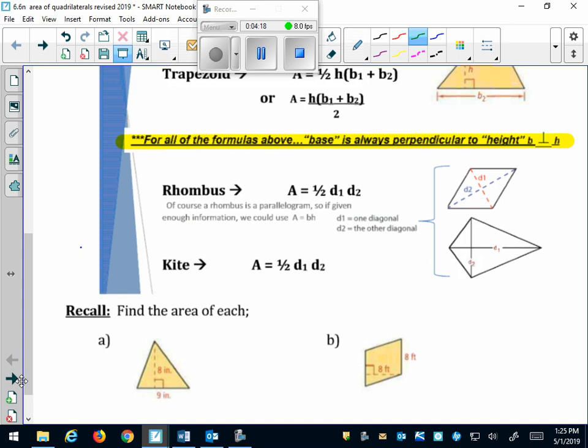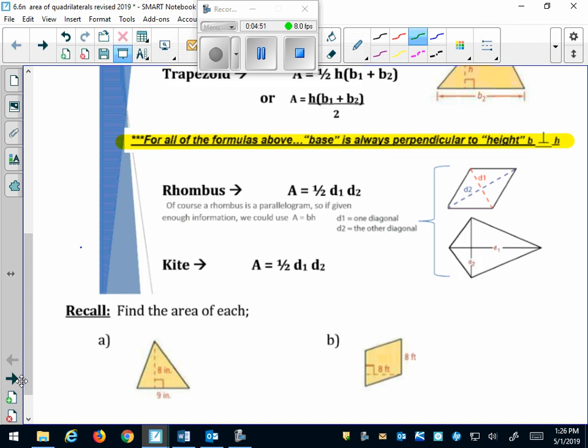Kites, no. The only time the diagonals are the same length is a square, rectangle, right? And a square because it's a rectangle. There was one other shape we learned just last class. What kind of a trapezoid? Isosceles trapezoids have congruent diagonals also. Okay, but that's just a side note. In this formula, 1/2 D1 times D2, you're expecting D1 and D2 to be different lengths with a rhombus and a kite.